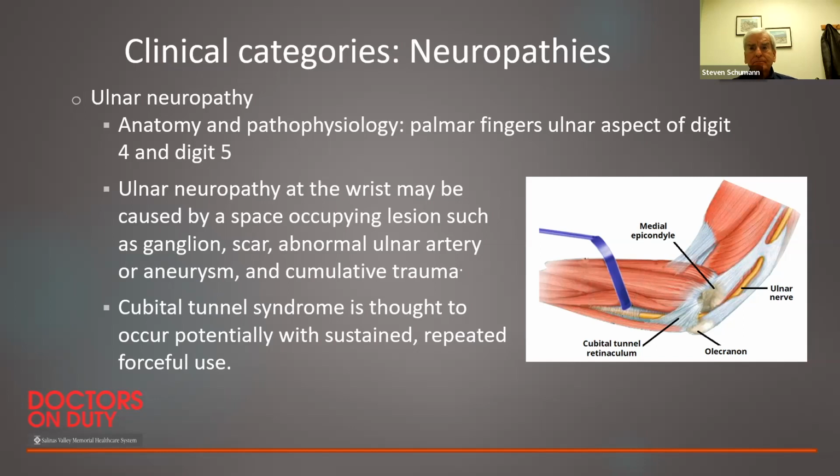Pressure in that area, or actually anywhere along the ulnar nerve, can produce ulnar neuropathy. But most of the time it's a problem in the elbow, not necessarily associated with medial epicondylitis. But what it produces, of course, is symptoms of what are called cubital tunnel syndrome, when it involves the elbow. It can also be a problem at the wrist.